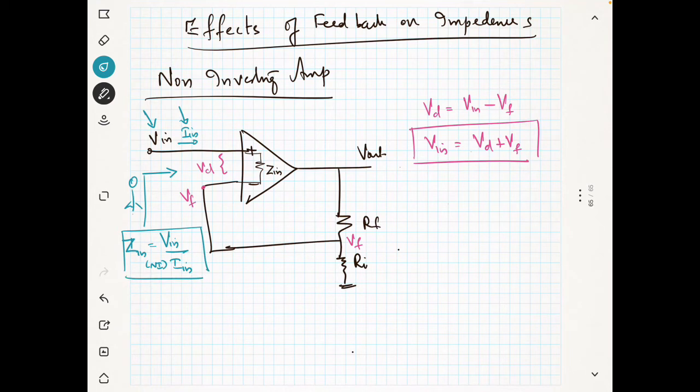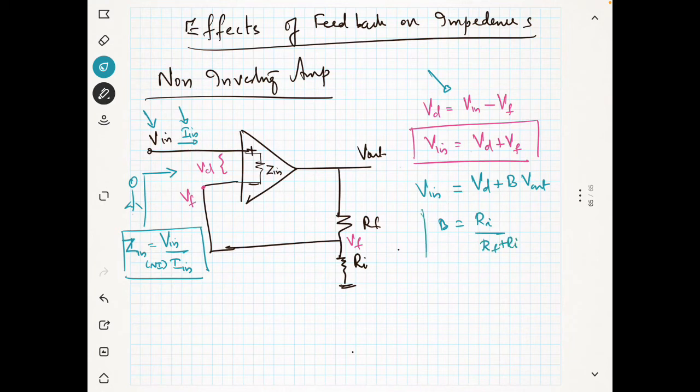But you know from the equation for Vd that Vin is equal to Vd plus Vf, and we know what Vd and Vf are. Vf is equal to beta times Vout. What is beta? Beta is equal to Ri by Rf plus Ri.